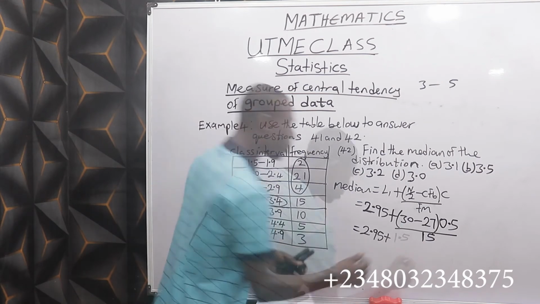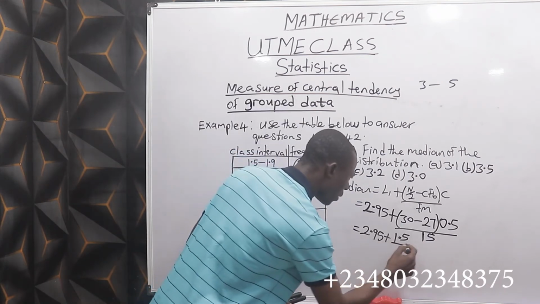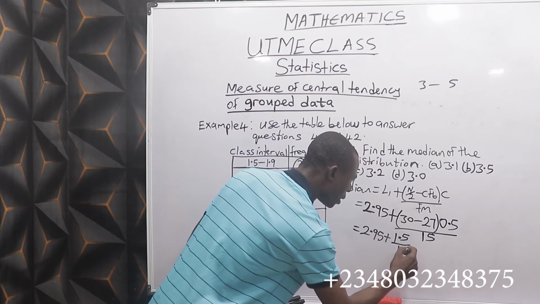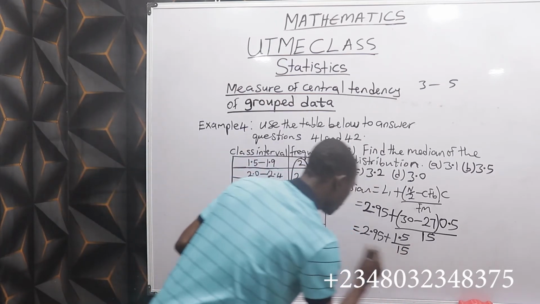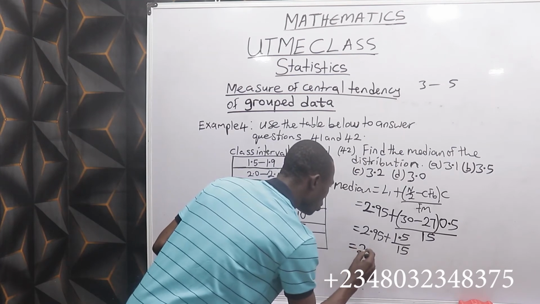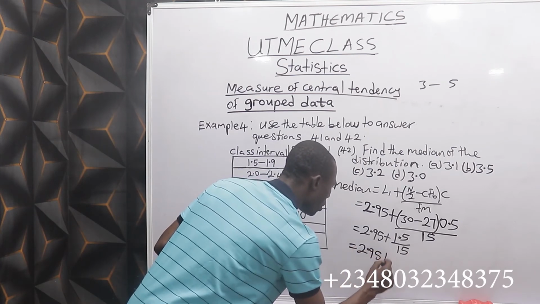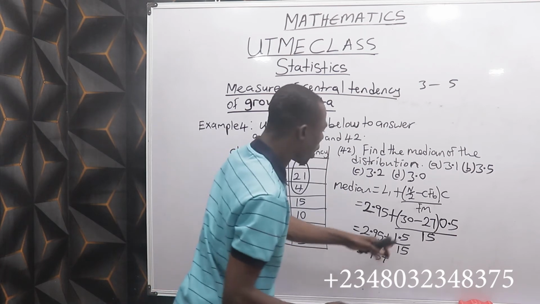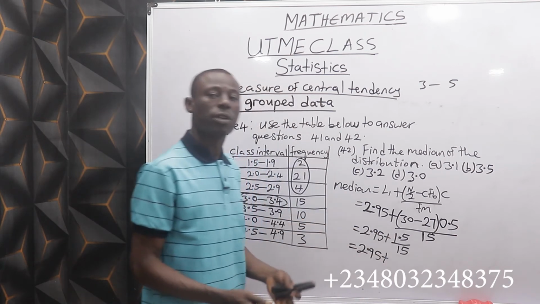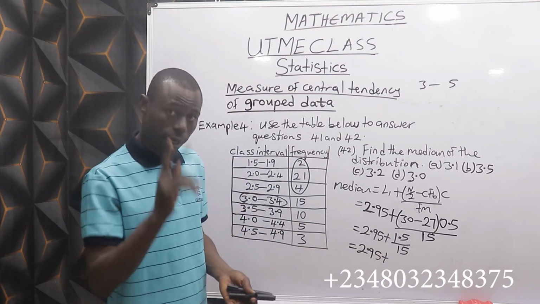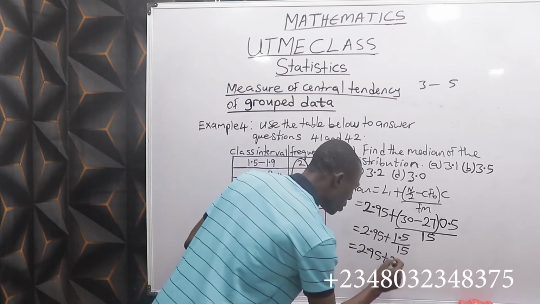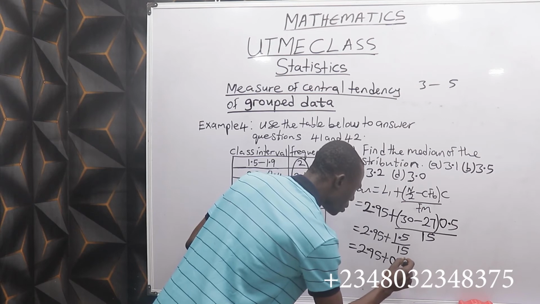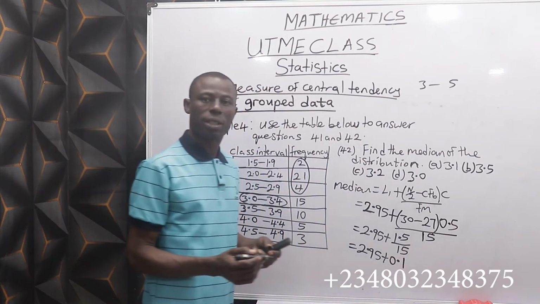Do you understand? 1.5 divided by 15. Looking at this critically, you see it is going to be 2.95 plus, if you have 15 divided by 15, what's going to be your answer? Normally, that's 1. But this is 1.5 divided by 15, which is going to be 0.1. Do you understand?